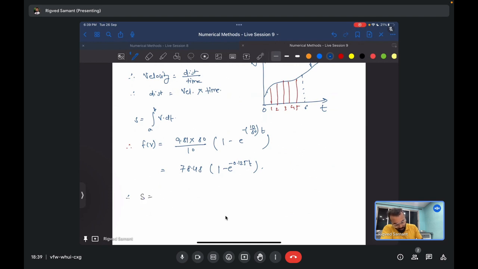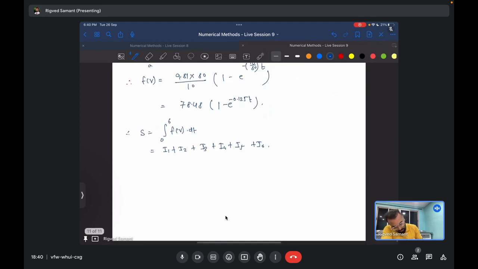Therefore S is equal to the sum from 0 to 6, right? So that is nothing but I1 plus I2 plus I3 plus I4 plus I5 plus I6.